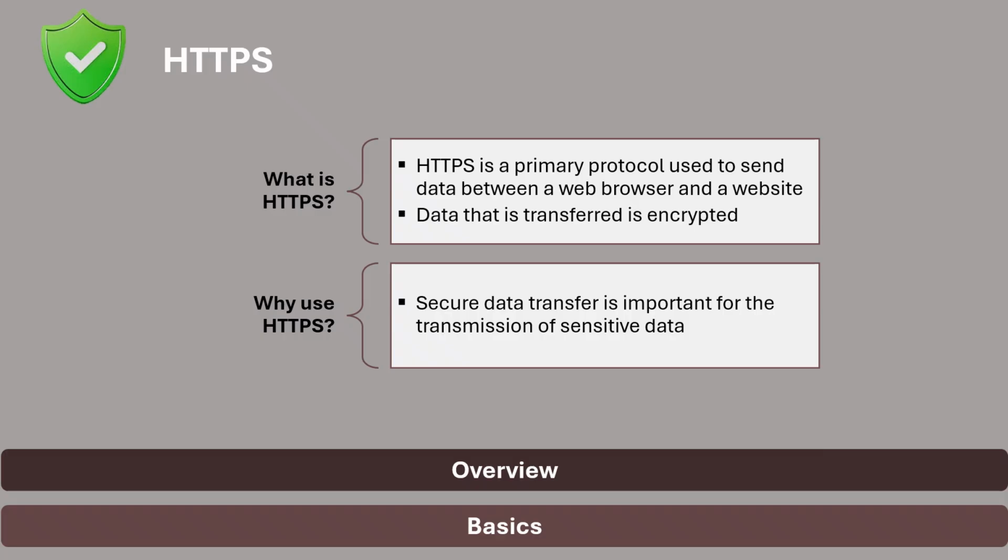As consumers, we can identify whether a website employs this protocol by looking at the URL bar in our browser. HTTPS websites typically display a padlocked icon to indicate that they are secure.